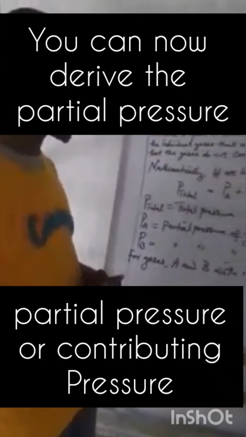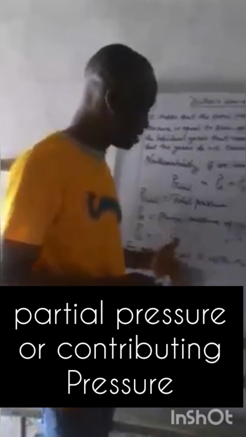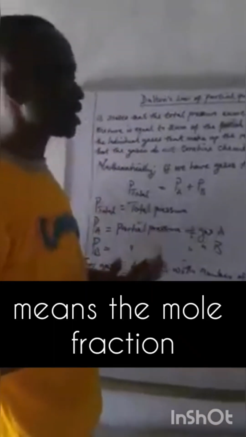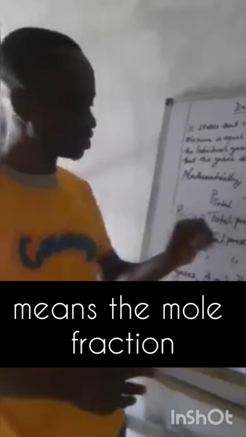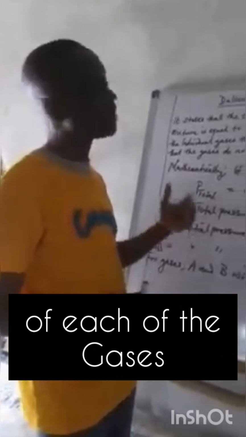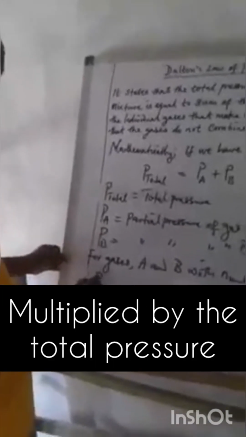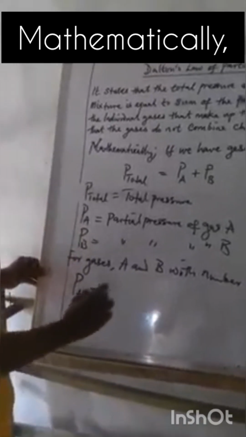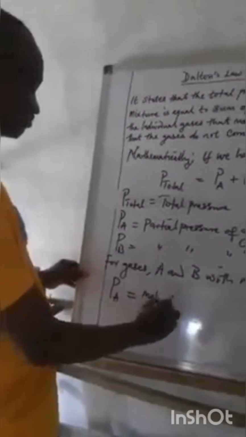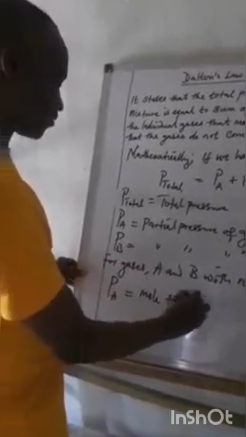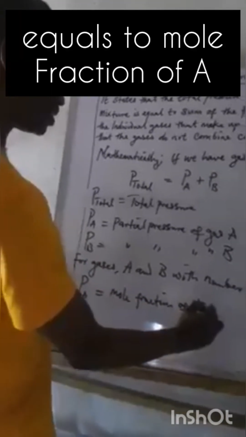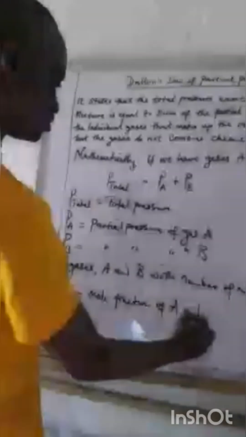Partial pressure or contributing pressure means the mole fraction of each of the gases multiplied by the total pressure. So mathematically, partial pressure of A, PA, is equal to mole fraction of A times PTotal.